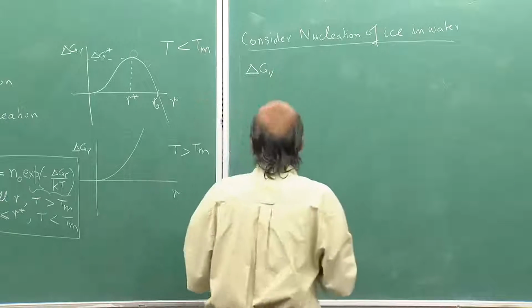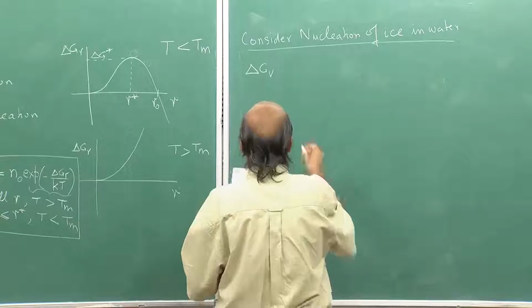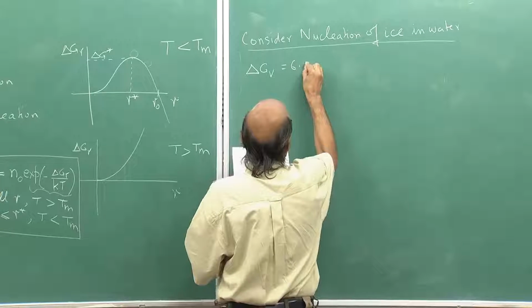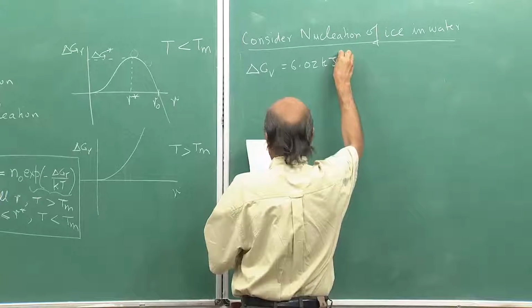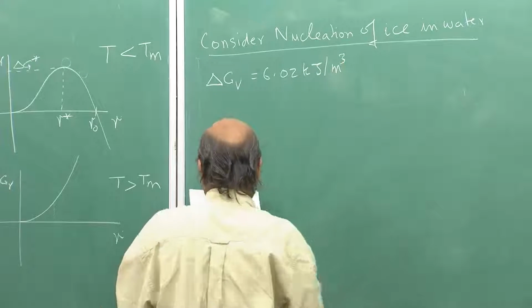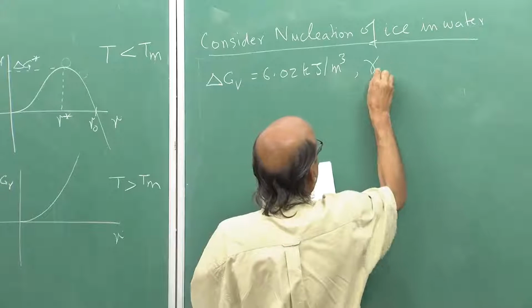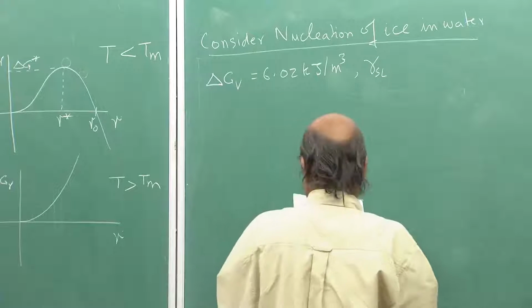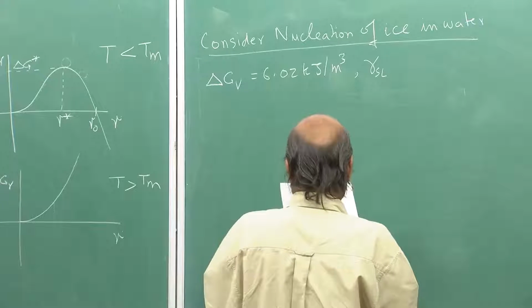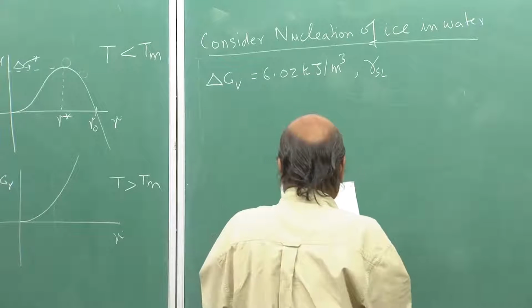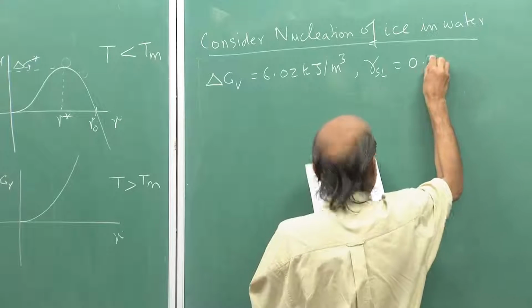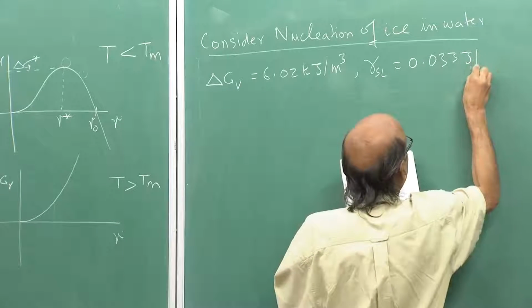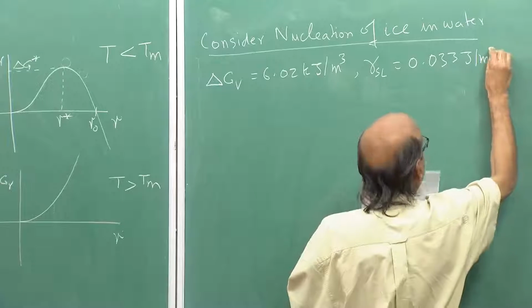The change in the bulk free energy per unit volume is 6.02 kilojoules per meter cube. The interfacial free energy gamma SL is equal to 0.033 joules per meter square.